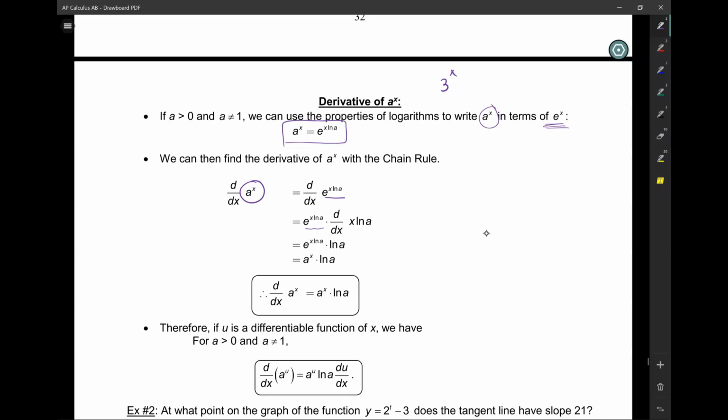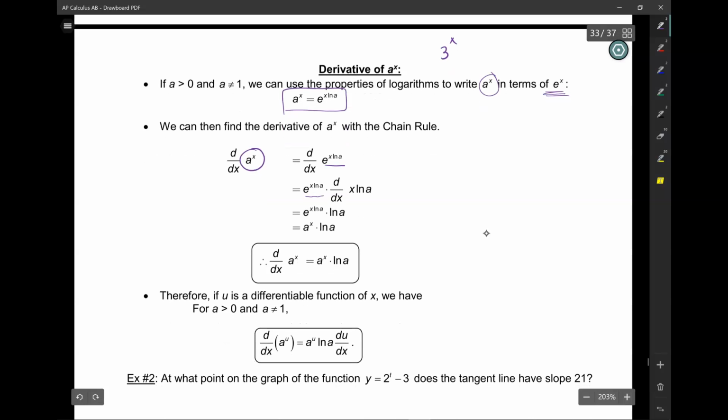It's a number, like ln of 3 is a number. So the derivative of x ln of a is just ln of a. Remember how we said that this was just a to the x? Finally, the derivative of a to the x is a to the x ln of a.